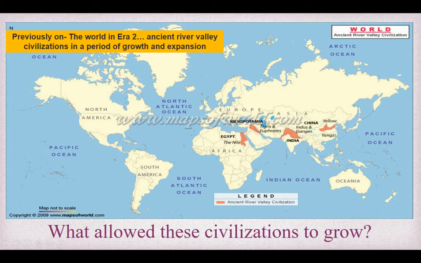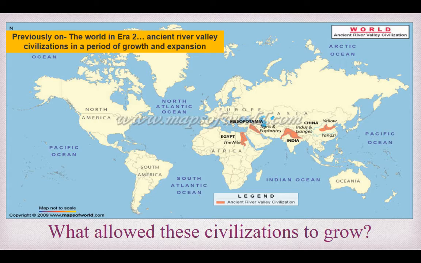So again, Era 3 is going to look very different from Era 2. When we ended our last unit in Era 2, we were looking at the ancient river valley civilizations that began to grow and expand during this time period. So I wanted you to spend a little time thinking about what actually allowed these civilizations to grow.